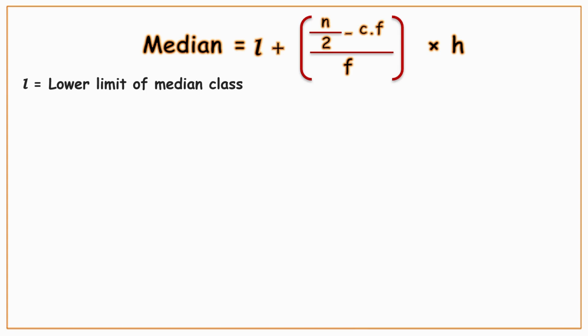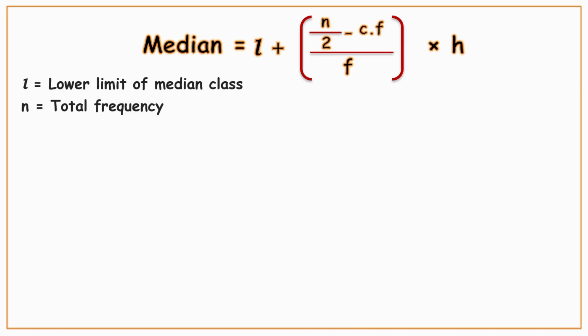In the previous video, we found the modal class, because we were trying to find the mode value. But in this case, we are trying to find the median value. So here L is the lower limit of the median class. Don't worry, I will explain how to find the median class once we solve the problem, and I will explain each and everything properly.